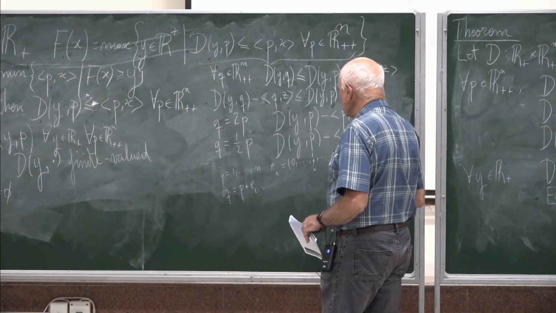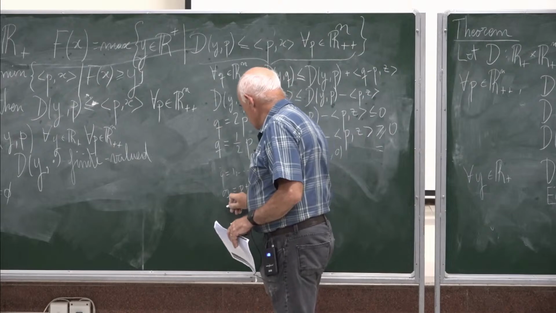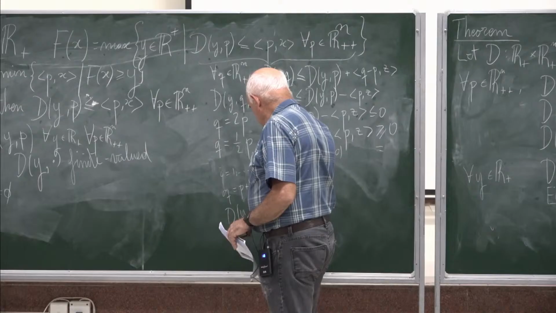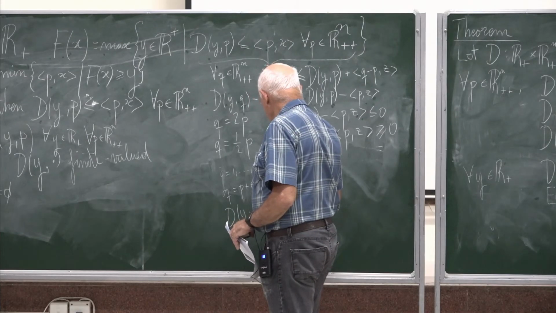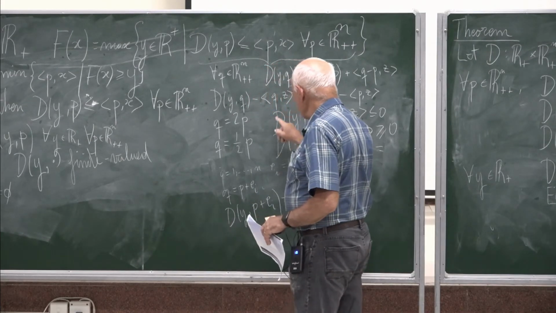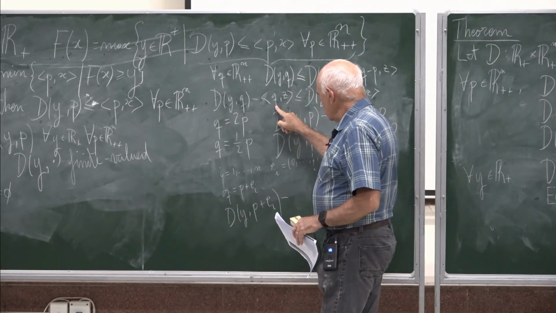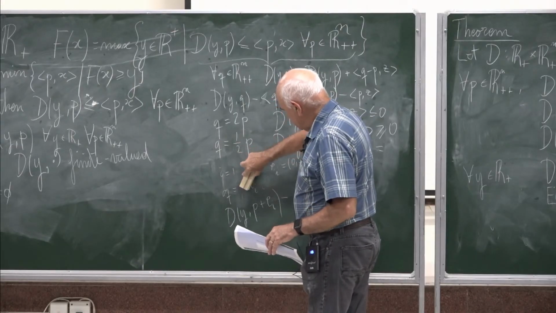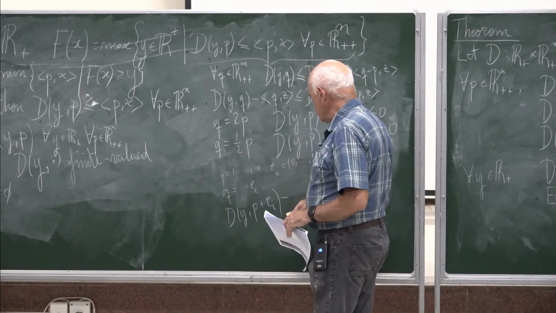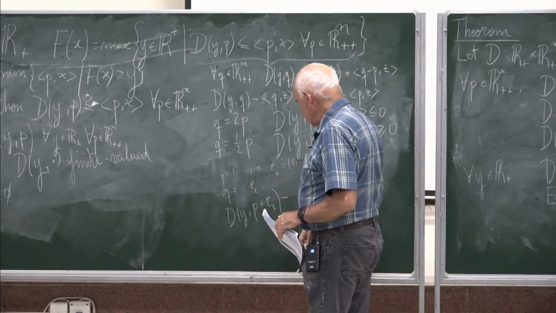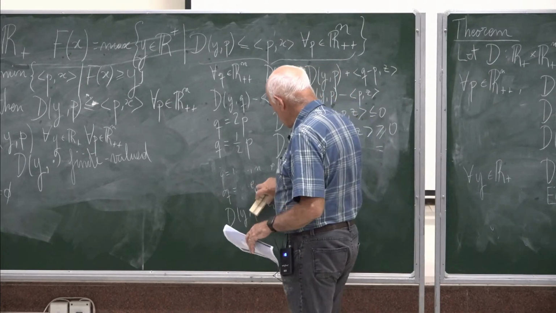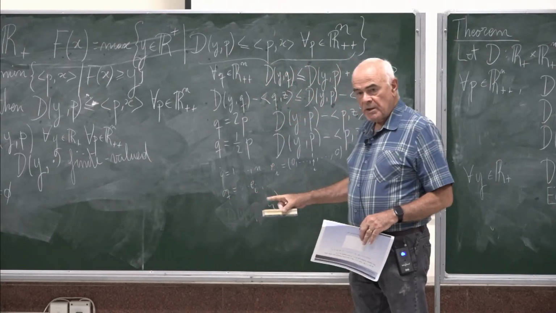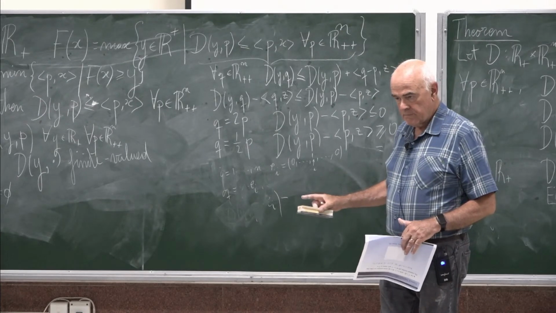Then this condition says that d of y p plus ei minus, there is no q minus p, so I simply take ei. I thought there was q minus p. Then, but ei I cannot take because it has to have all components positive.